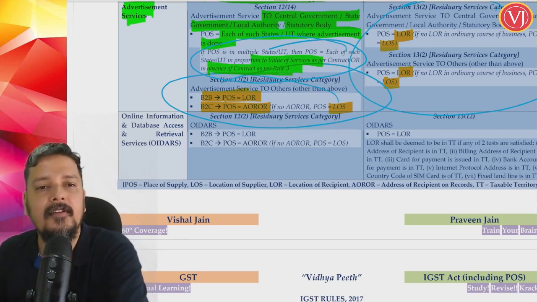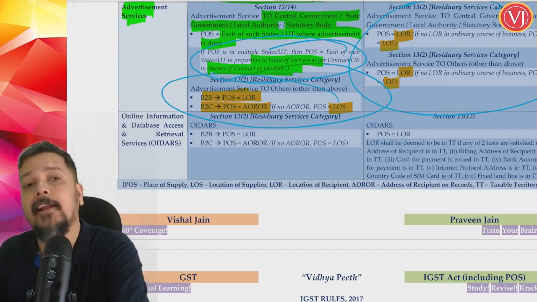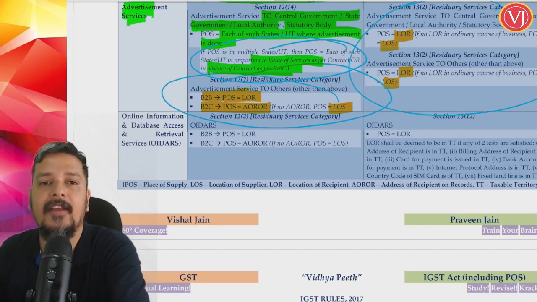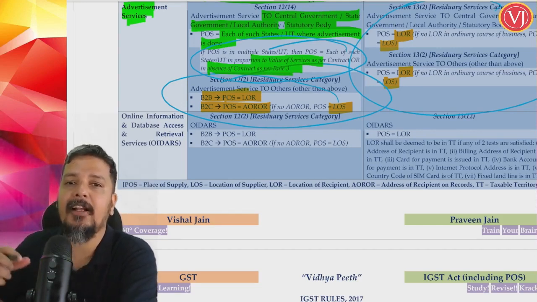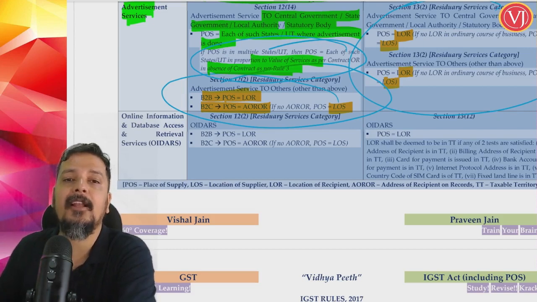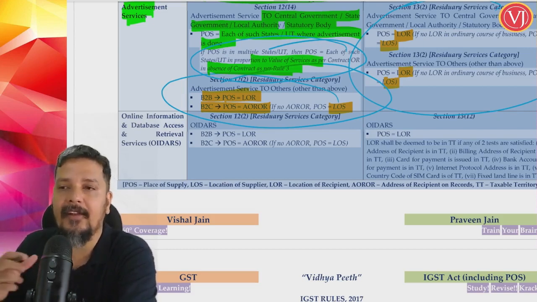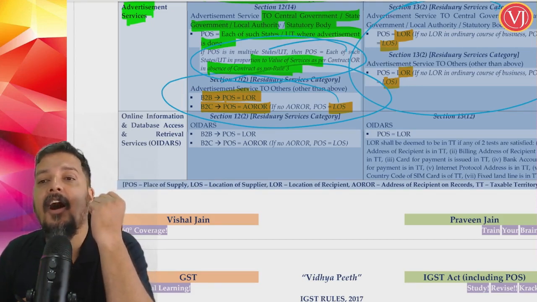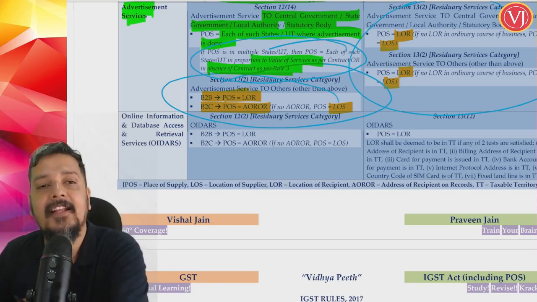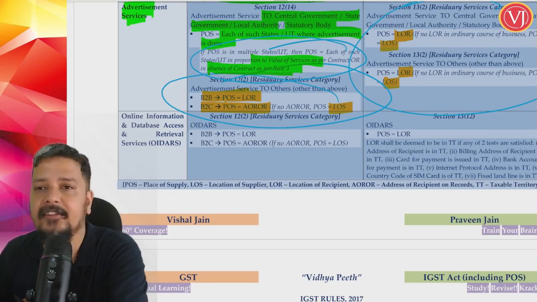Which means the supplier will have a big headache. Supplier of advertisement services to government will always have a big headache because we will have multiple place of supplies. For one value, you will have multiple place of supply. The broadcaster of the advertisement of say Delhi government, say for example any television channel.